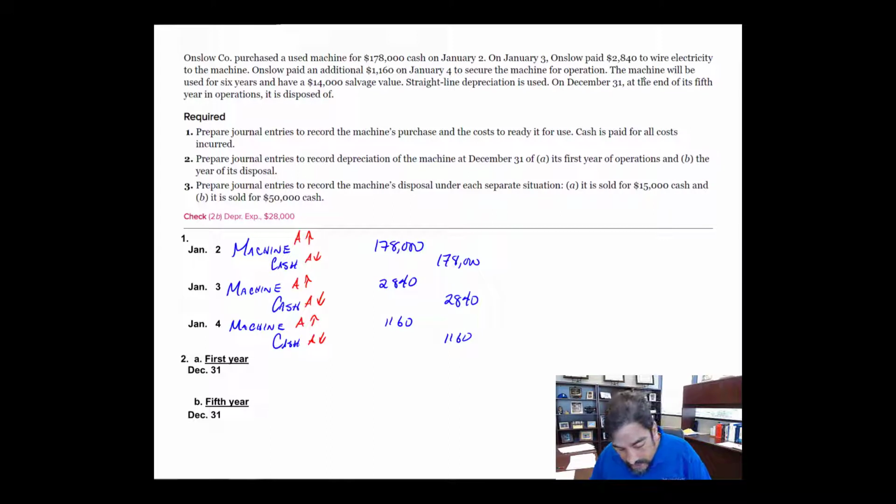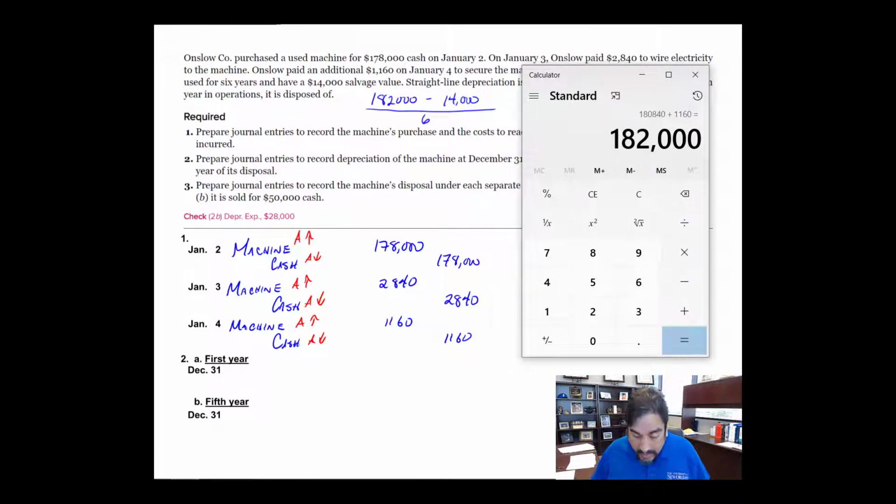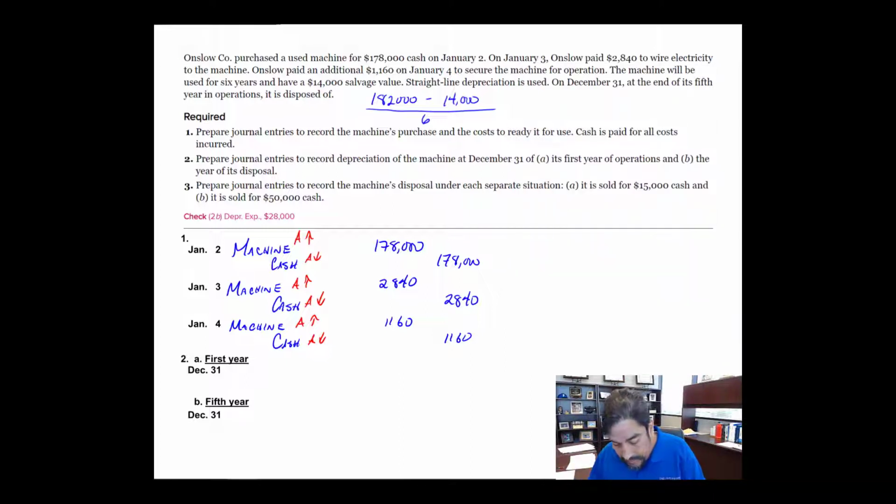First, the cost of the machine is $182,000 minus salvage value over useful life. Salvage value is 14. So that's our calculation. Let me just finish this up. Minus 14,000 divided by 6 is 28,000 a year.